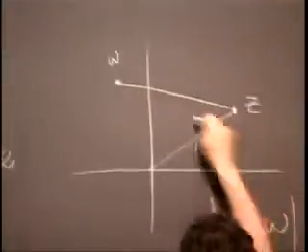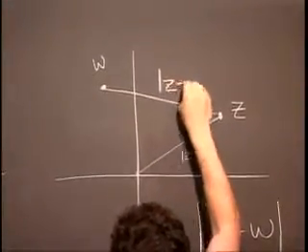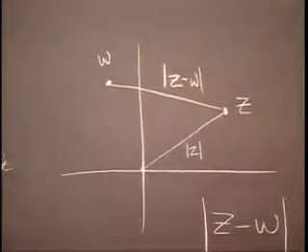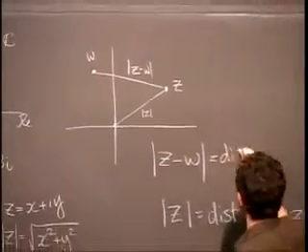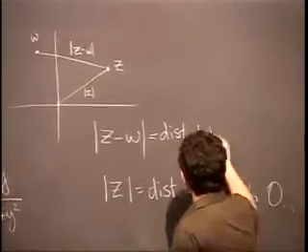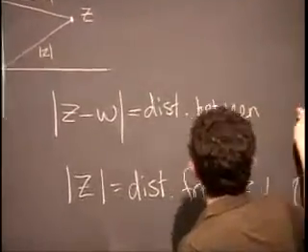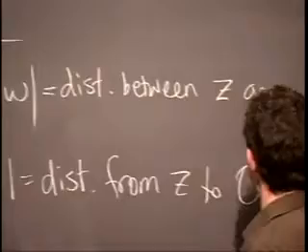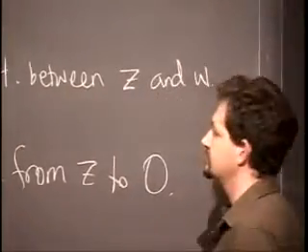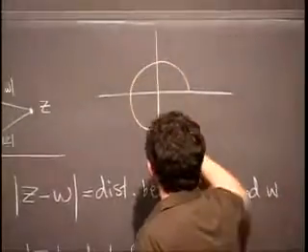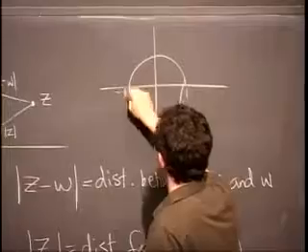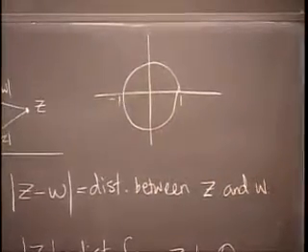And in more generality, mod z minus w, the modulus of z minus w, is the distance between z and w. So in particular, the most important curve I can draw in this complex plane is the circle of radius 1, the so-called unit circle.